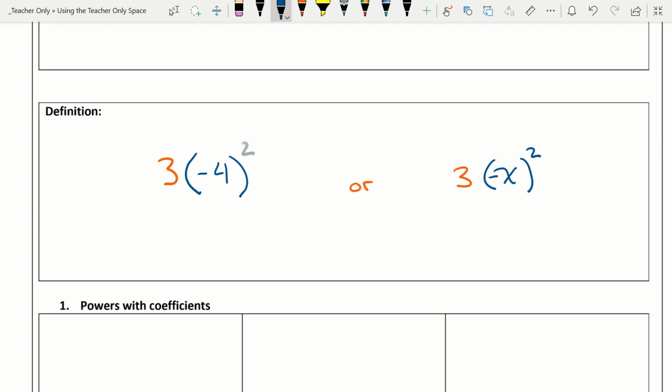And what we're going to do is name these different components. The first thing I want to name is this 3 that appears in front. Now this is separate from this power here. We call this a coefficient, and that is the same for this one here. Let's get the spelling right. Coefficient.